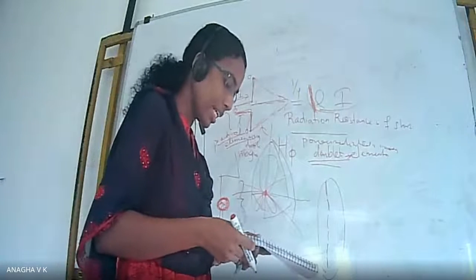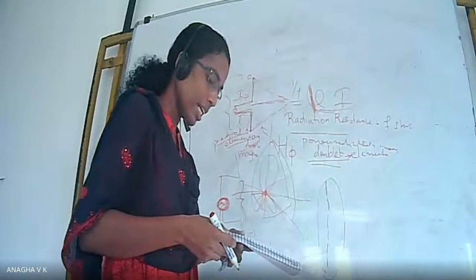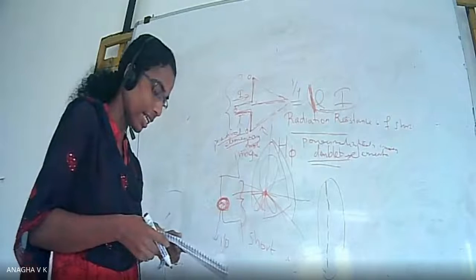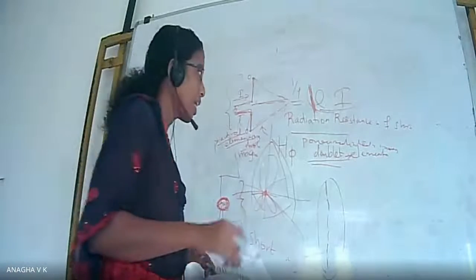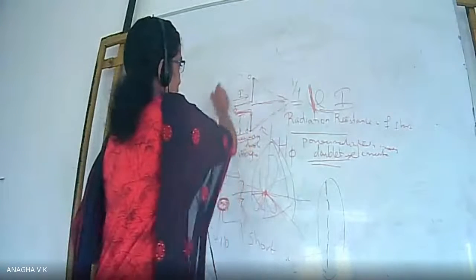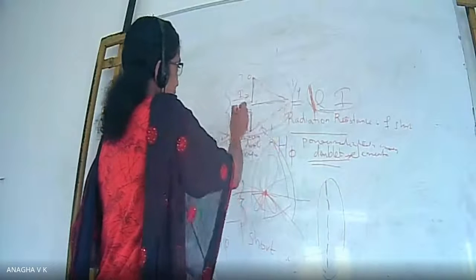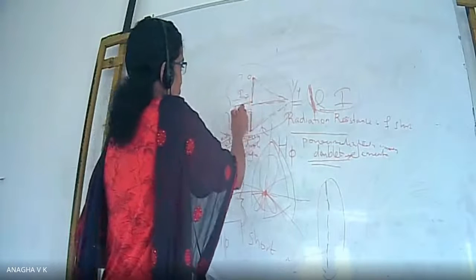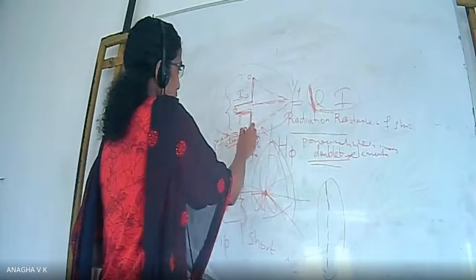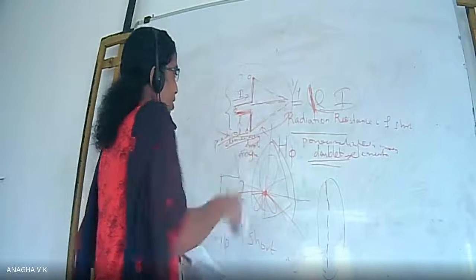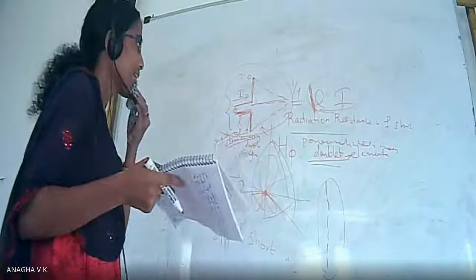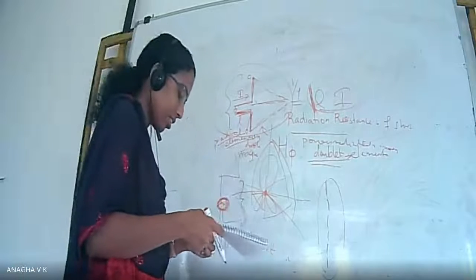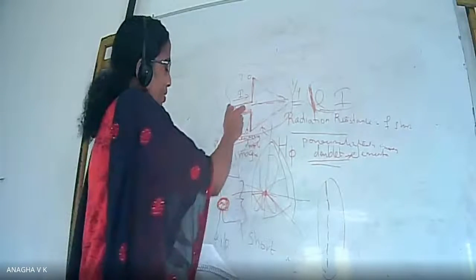For the elementary dipole, the current I is uniform throughout its entire length. So this is an elementary dipole, and the current is uniform throughout the entire length. Because of what? It is very short.